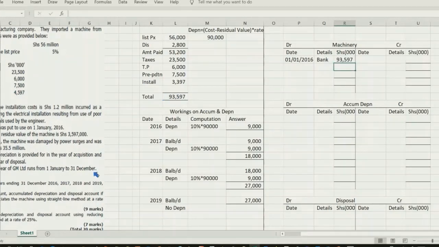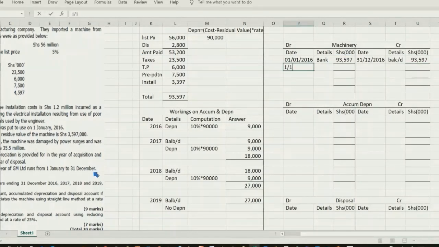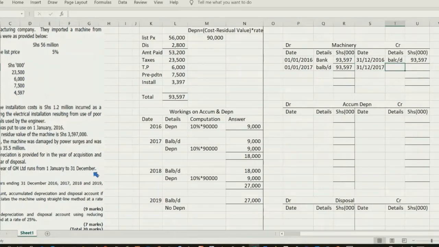And then at the end of this financial year, 31st December 2016, we'll close it off with the same amount because there are no additionals and neither were there disposals to change this value that we bought. And at the start of 2017, our balance brought down or opening balance will be 93,597 again. And also at the end of the financial year, it will be our closing balance.